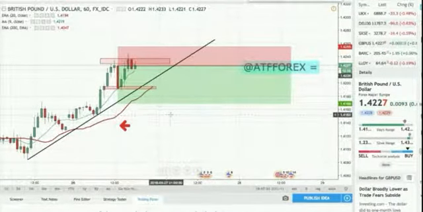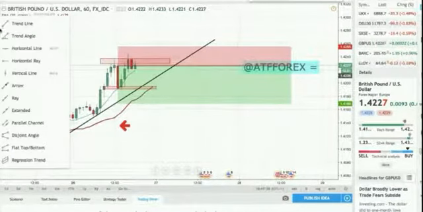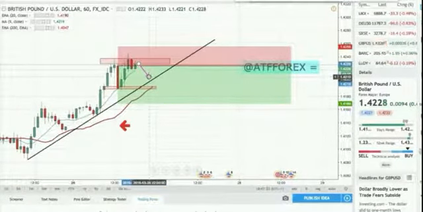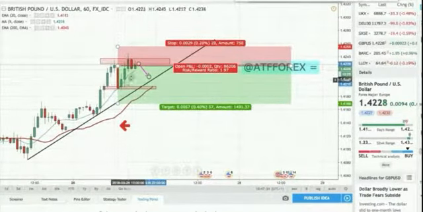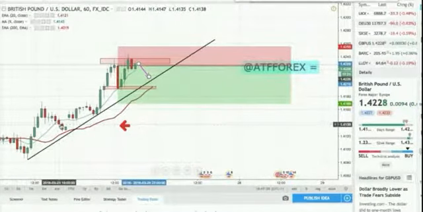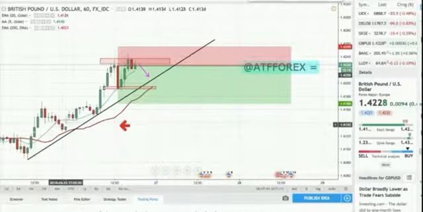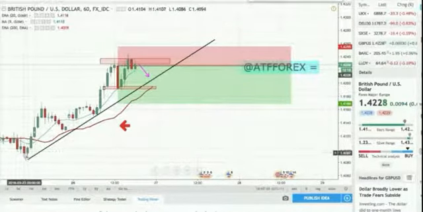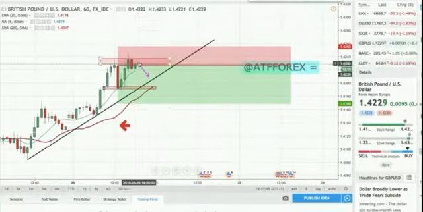We could see 1.4150 if this happens. Simply price rolls over, our moving average sits above the price, similar to what it looks like here, where this blue line sits above the price, and then hopefully we'll get a nice 30, 40, 50 pip fall from that point.